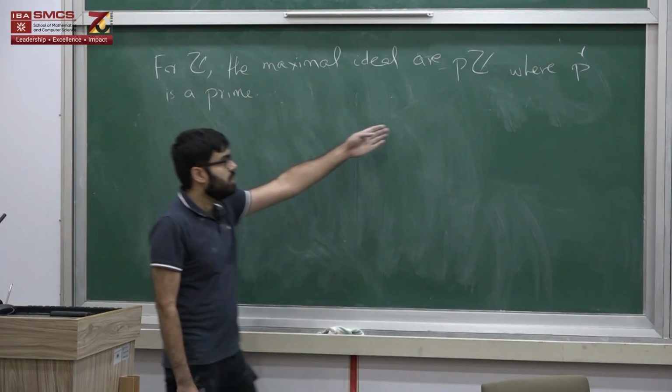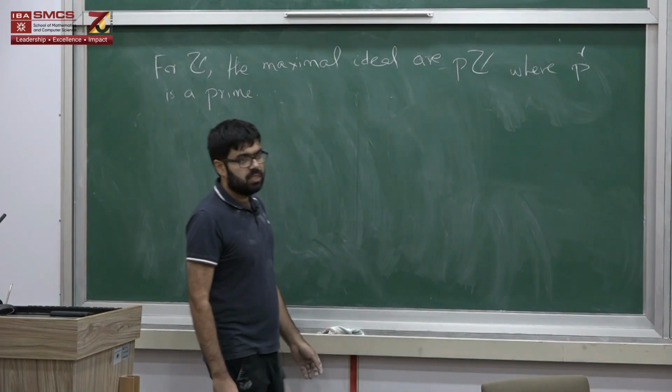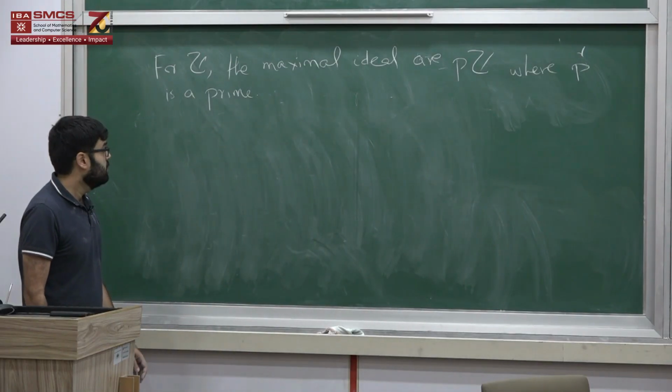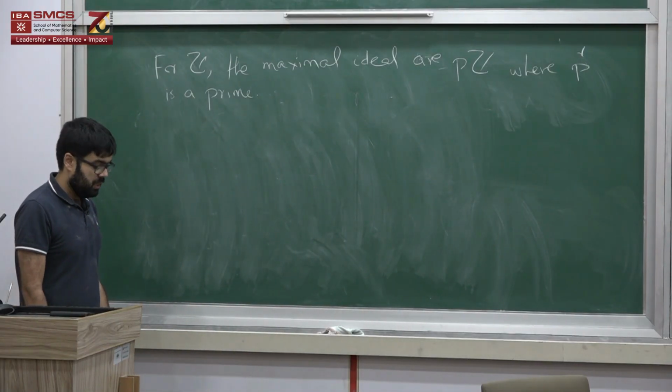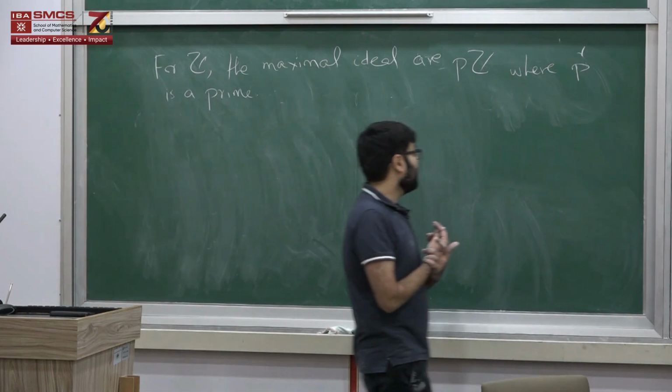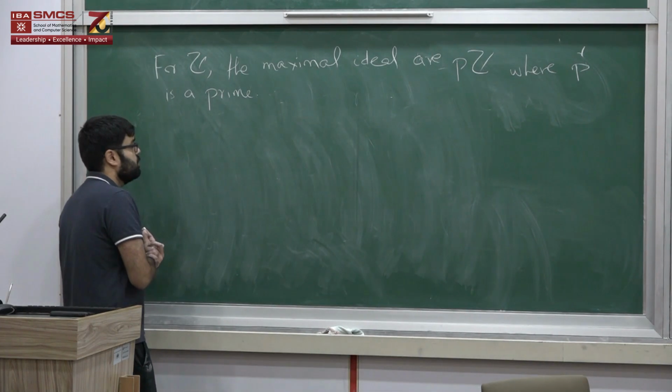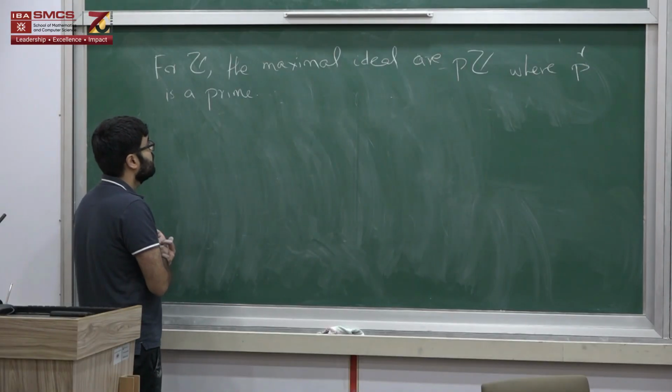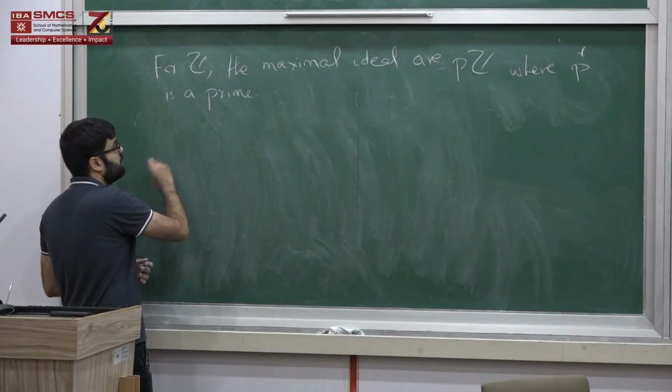So here at least it's pretty obvious, Z mod pZ is a field, and the way this works is more or less that if I look at all the numbers of the form, let's see how it works here.